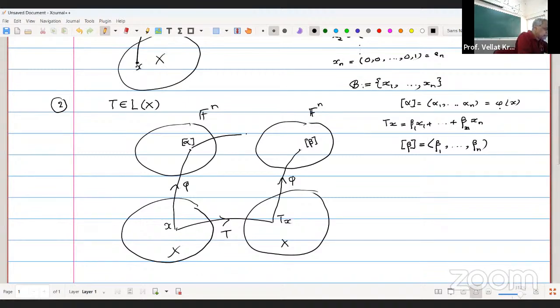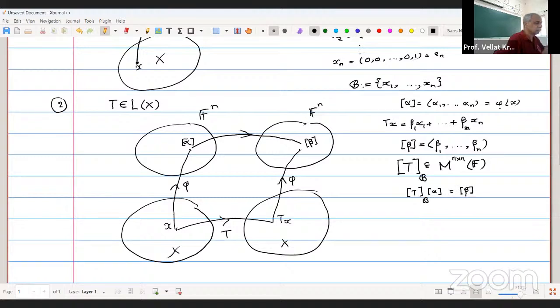Now we define a map which is designated as bracket of T with respect to B. We write B here to identify that this representation is with respect to B, and this is an n by n matrix over F, which does the following: T B of alpha equal to beta.